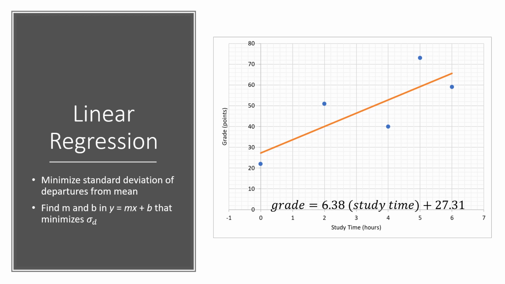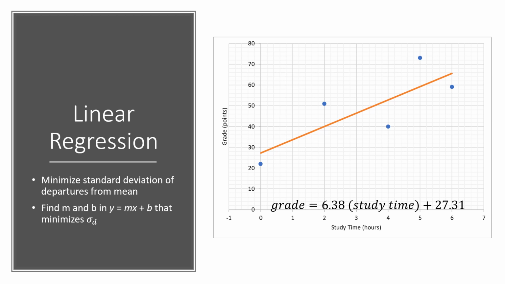We have the grade equals 6.38, remember that's our m value, times the study time, plus 27.31, that's our y-intercept. You can see right here, here's my y-intercept, about 27, and then it goes up on a slope of 6.38. It does a reasonable job of basically passing through all of my measured points.